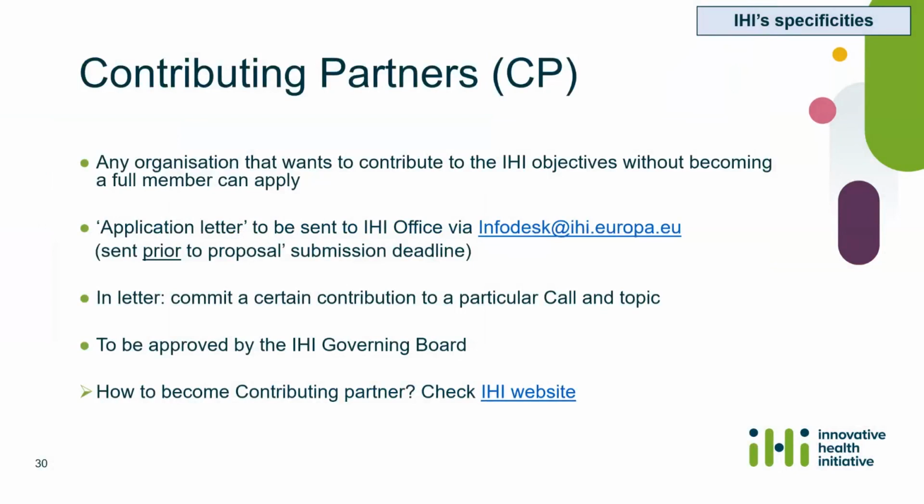And in that letter, you need to commit a certain contribution to a particular call and topic. And this needs to be approved also by the IHI governing board. And well, if you have questions on how to become a contributing partner, you can check this on our website.